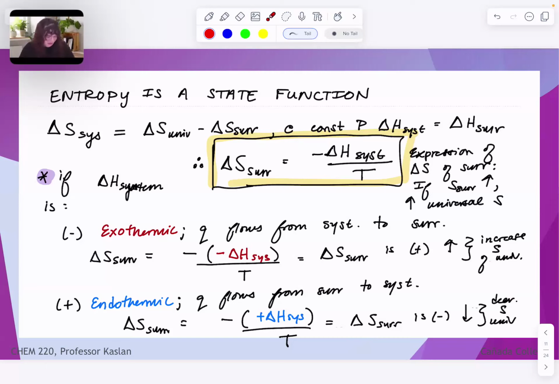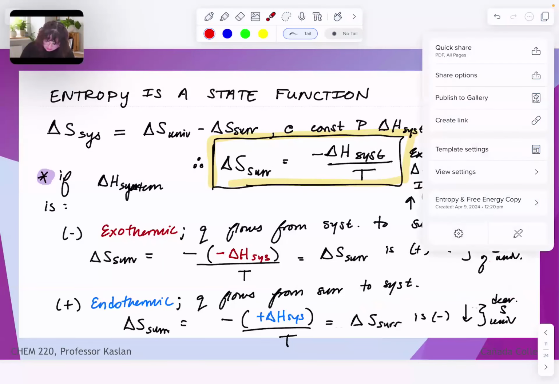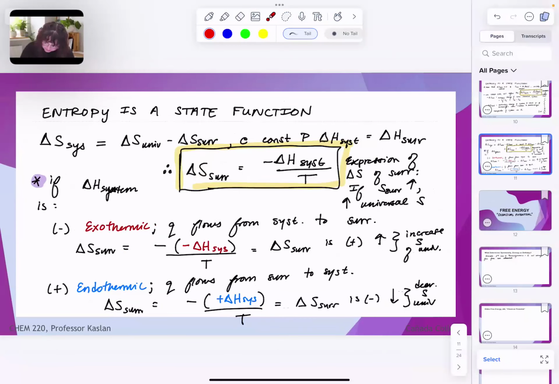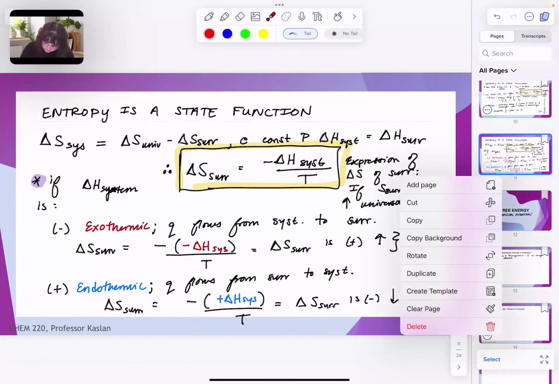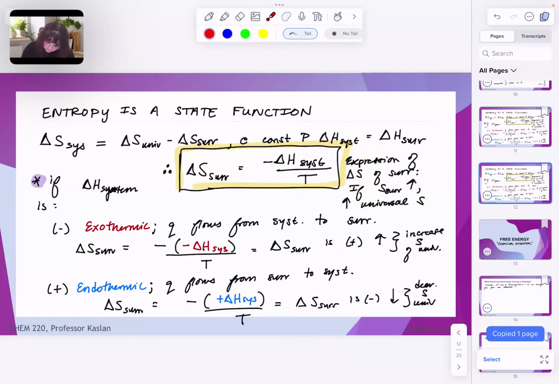It was a bit clunky, so let's maybe practice this. Okay, let's see here. Do I have room on the next slide? No, so let's make a duplicate. Okay.